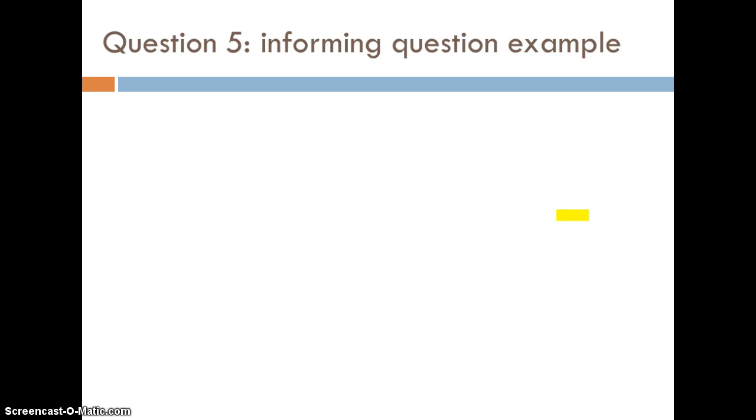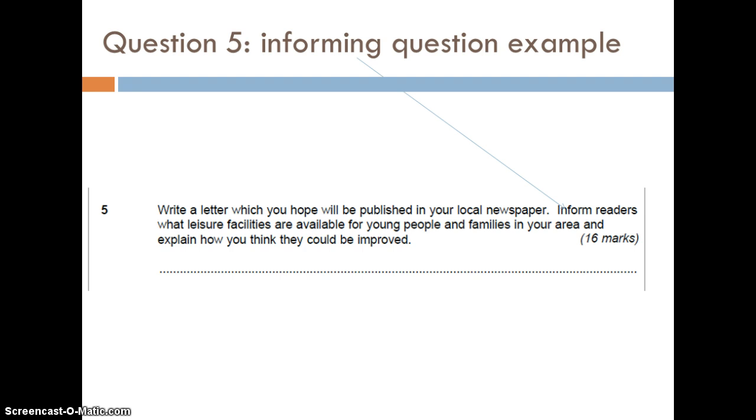So let's have a look at some examples of the questions. This is an informing question, as you can see there, and all these questions are directly copied and pasted from exam papers, so they are actual exam tasks. So we see: write a letter, which you will hope will be published in your local newspaper.